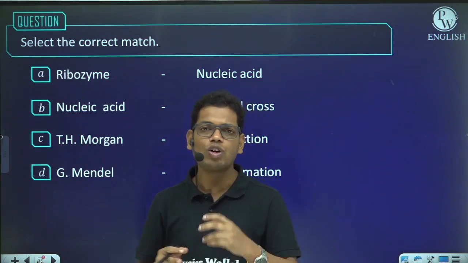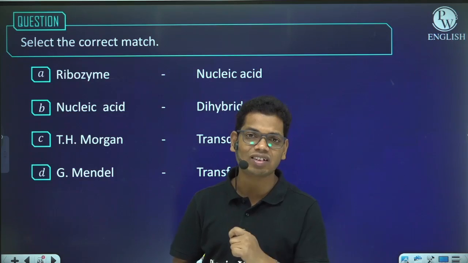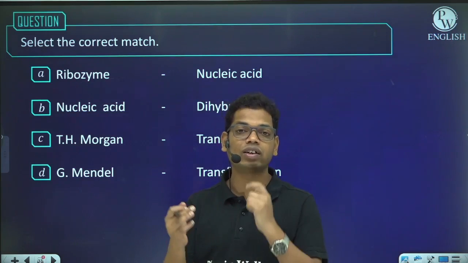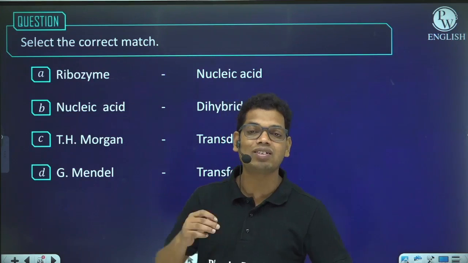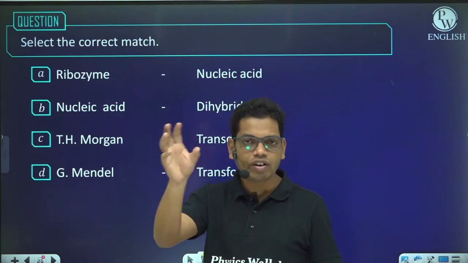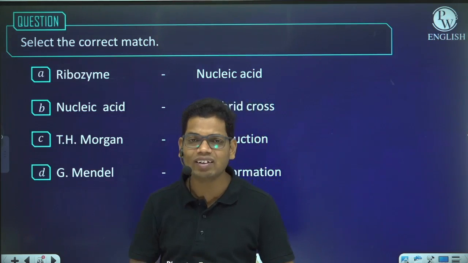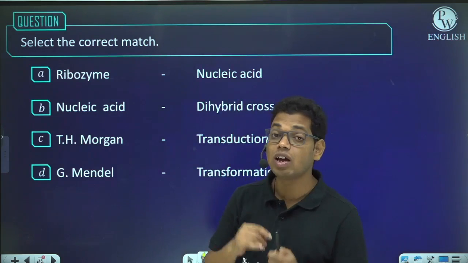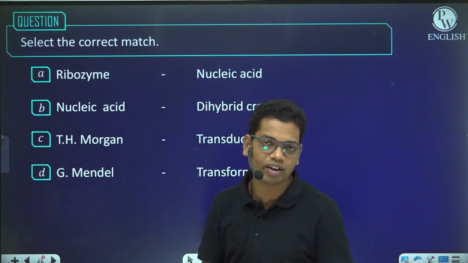For example, 23S rRNA. 23S rRNA, this is an enzyme, and this is involved in what? In the translation process. It transfers the peptide chain from the P site of the ribosome to the A site. Okay, and this 23S rRNA is also called peptidyl transferase. Why? Because it transfers the peptide chain.